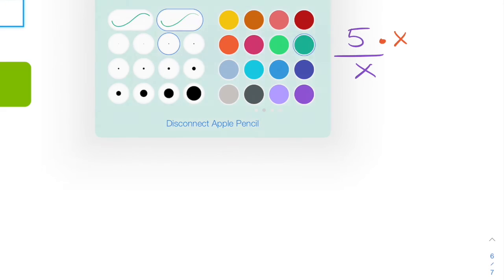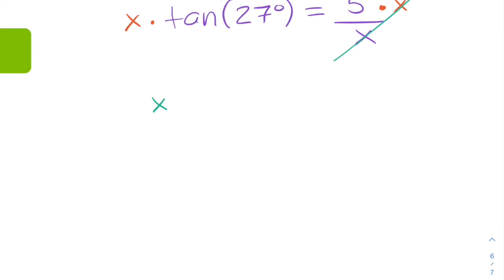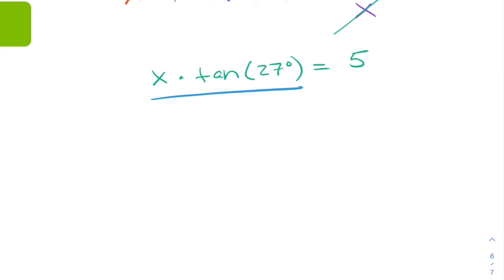Okay, so these will go away. And now you have x times tangent of 27 degrees equals 5. And now from there, you just want x by itself. So you just divide by that whole function. I know it's weird. Divided by tangent of 27.